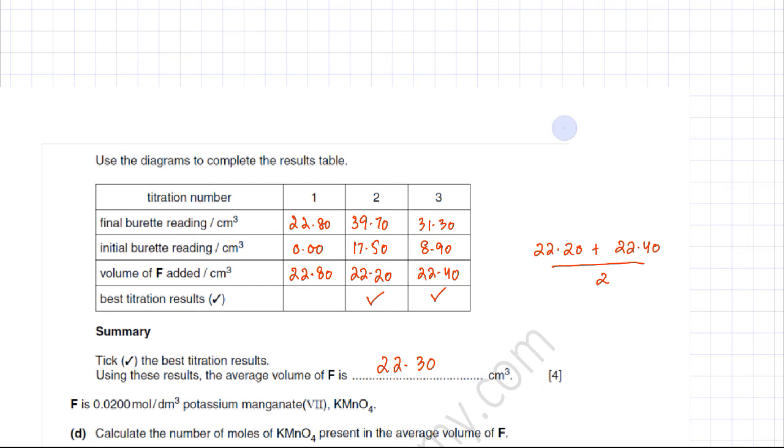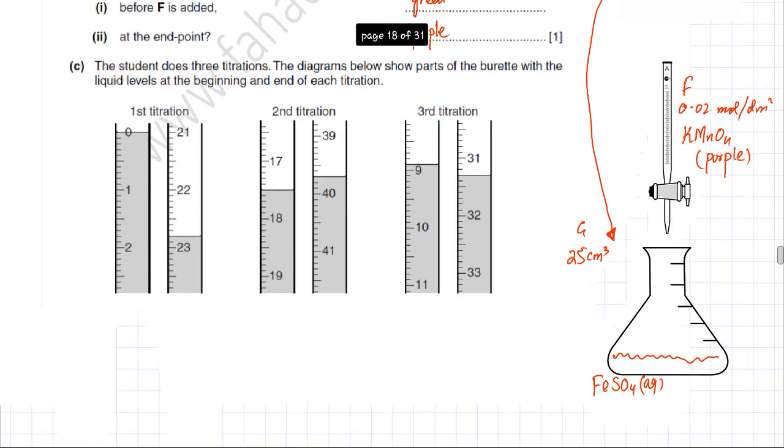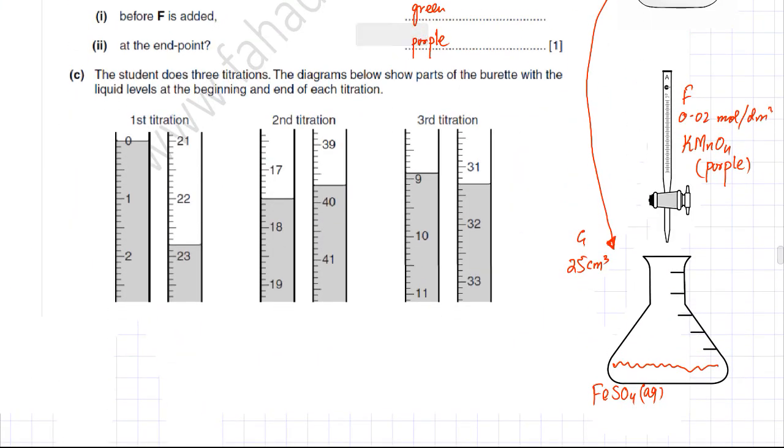And I'm going to add that on my sketch as well, that the average volume of KMnO4 that's being added is 22.30 cm³.